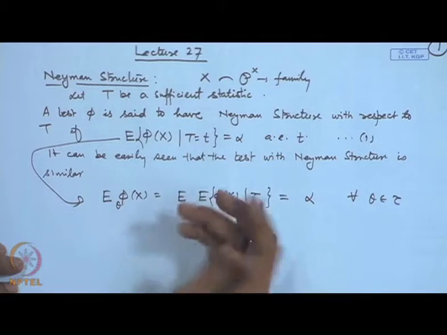Many times it is easier to obtain the most powerful test or the UMP test among the tests having Neyman structure, and since for every t it is most powerful, overall it will be most powerful.